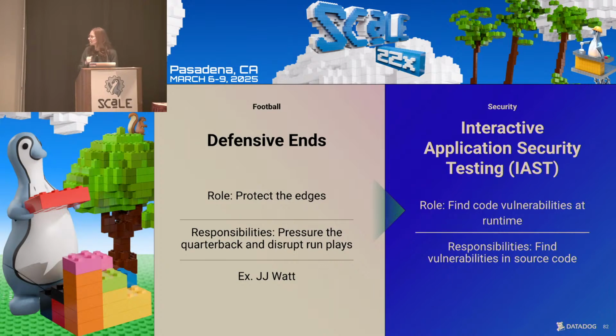So generally I like IAST scans because they have fewer false positives due to the runtime context. And with this, you do need to have something running. So these normally happen a little later in the software development lifecycle, or the SDLC.